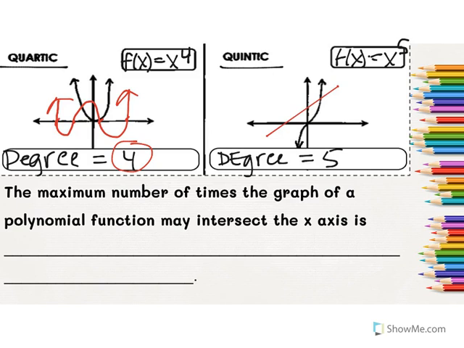Oops, back up real fast. So it can go up and go opposite. So 1, 2, 3, 4, 5 times it crosses with the degree of 5. So with that being said, the maximum number of times the graph of a polynomial function may intersect the x-axis is going to be the same as the degree of our polynomial.